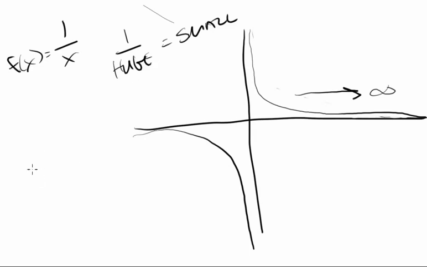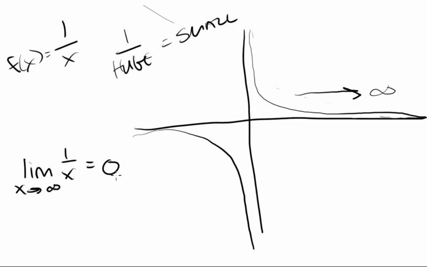So we can say the limit as x approaches infinity of 1 over x is equal to 0. This is a really useful thing. Instead of approaching a number like 2 or 4 or -8, we're approaching infinity.